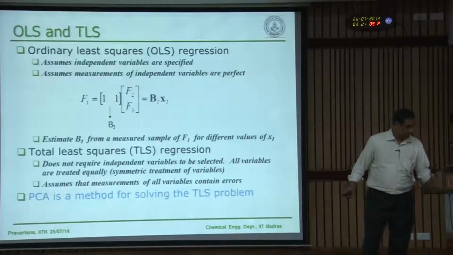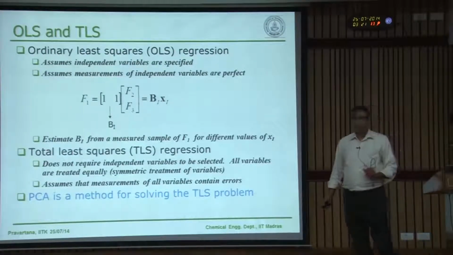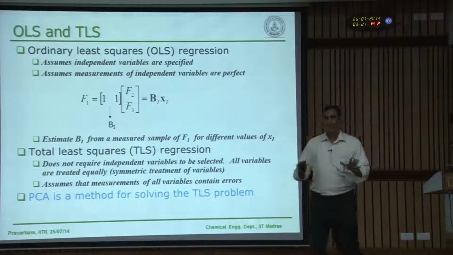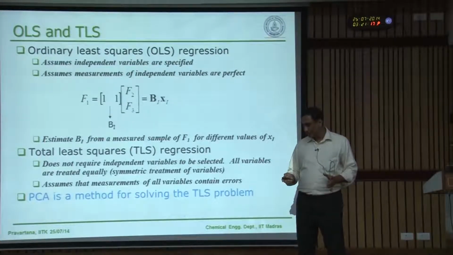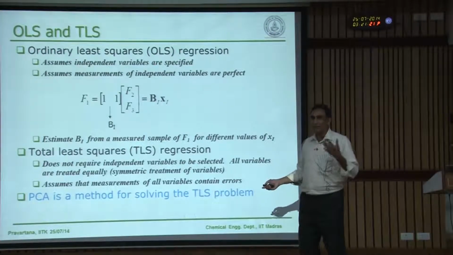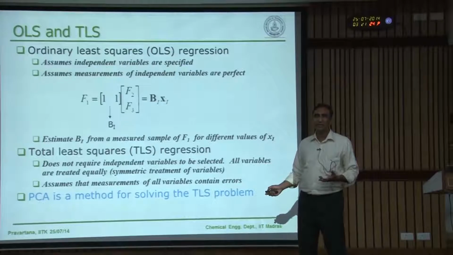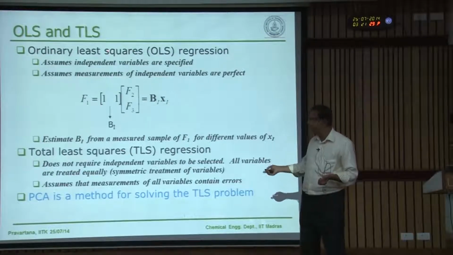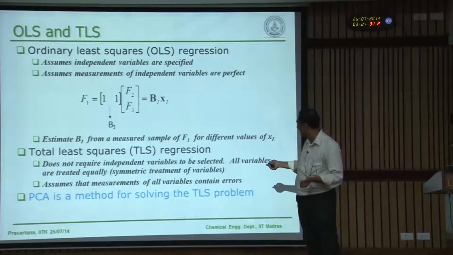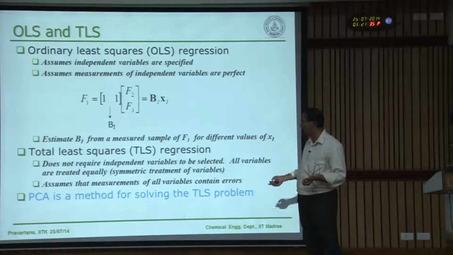Now, linear regression itself, if you start off, there is a lot of literature on this. Depending on the assumptions you make, there are several techniques. The standard one that most of us are typically introduced to in a classroom or in a course is what we call ordinary least squares regression. There you explicitly specify the independent variables, and you are interested in finding the regression matrix.